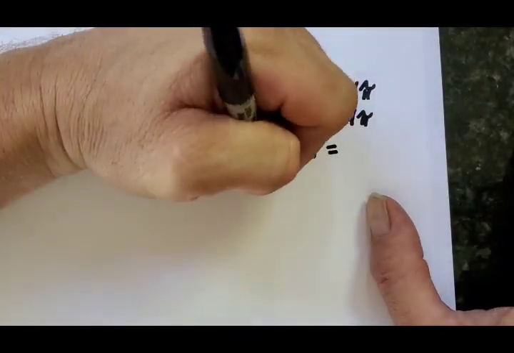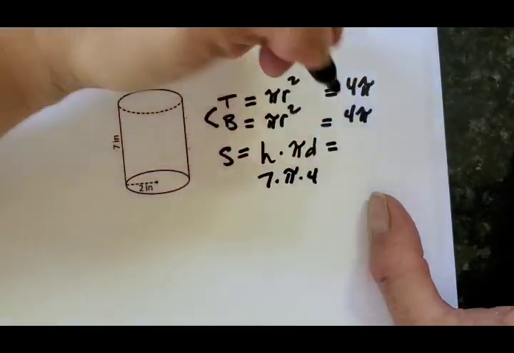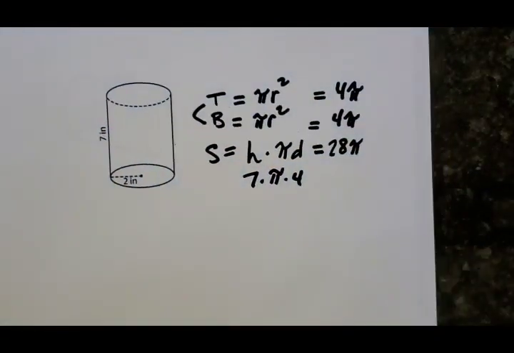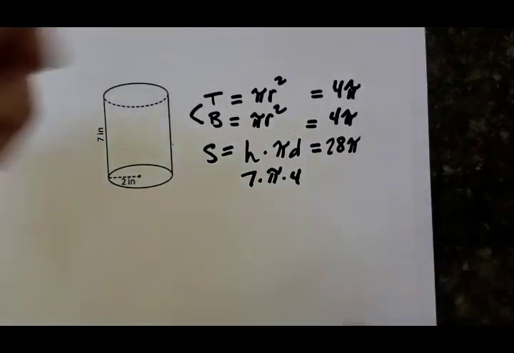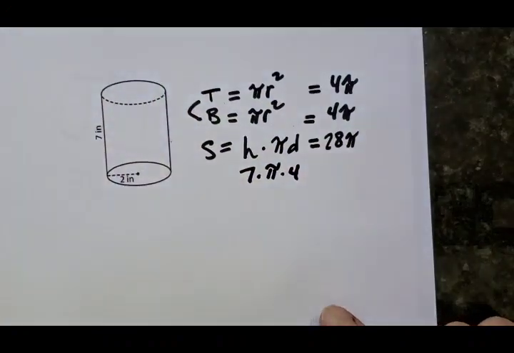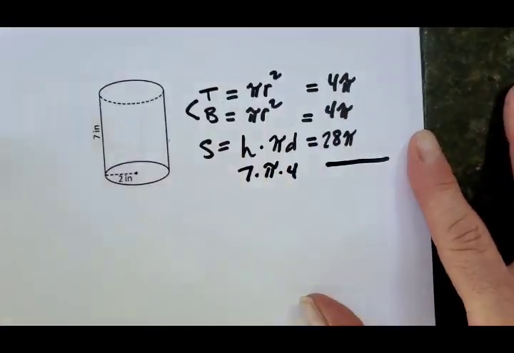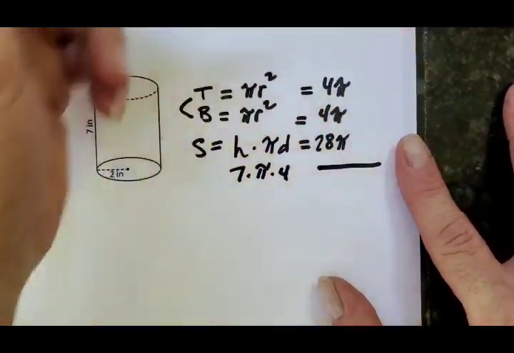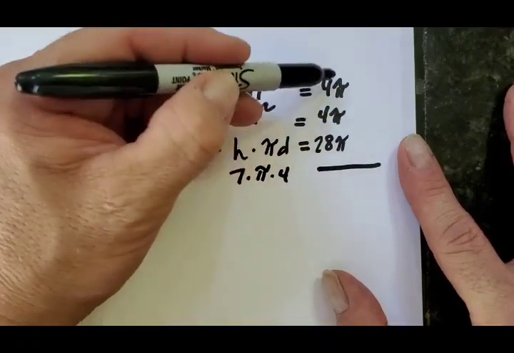So this is 7. One tip that you can do is treat these like terms. They all have the exact same variable, so that makes them like terms. So if you want to save the calculations, make it easier on you, add your like terms. 4 plus 4 is 8, so this is 8 pi.